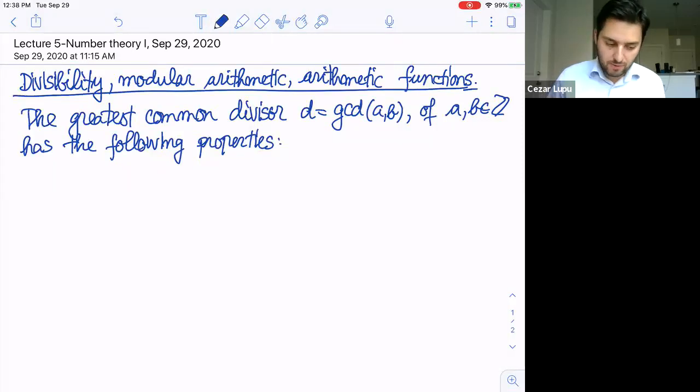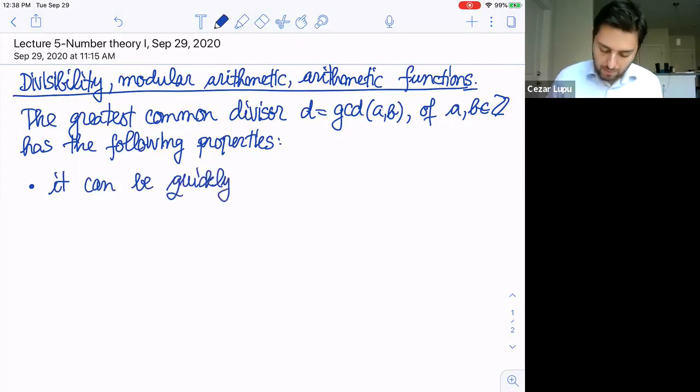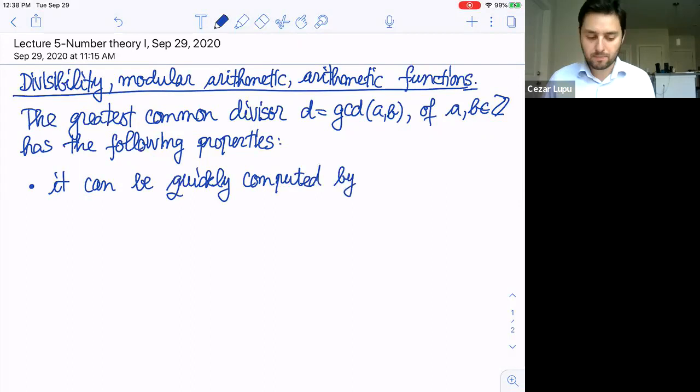The first one is that it can be quickly computed by the Euclidean algorithm, and I will explain immediately what I mean by that.